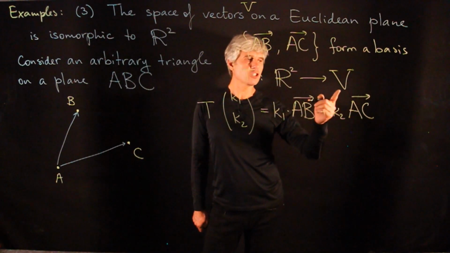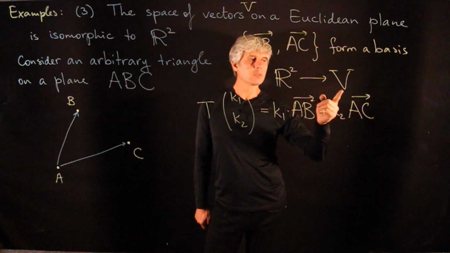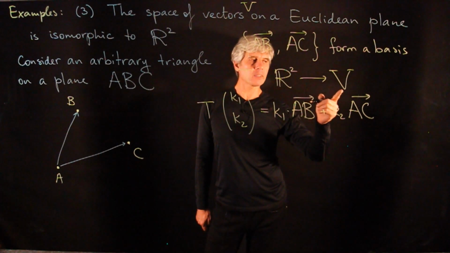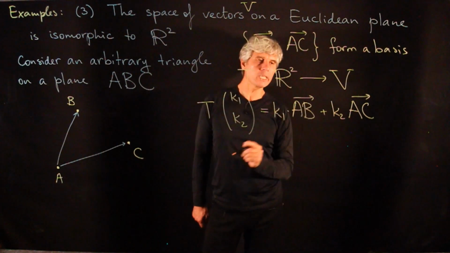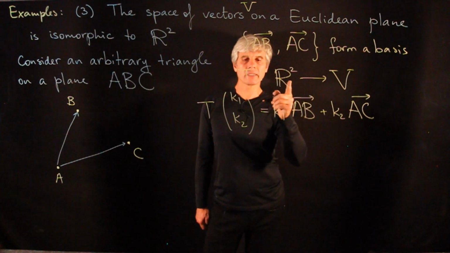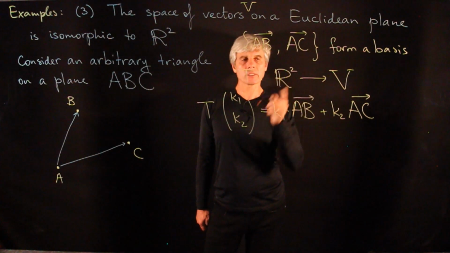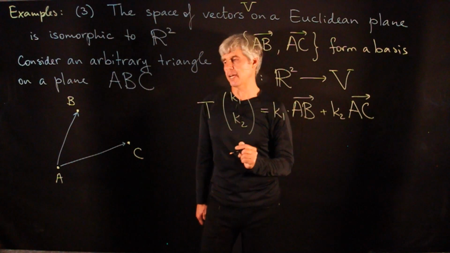Now, what does the bijectivity property mean? So it means that any vector from our Euclidean plane has a unique preimage as a two-component vector.